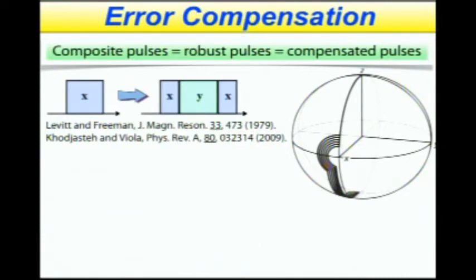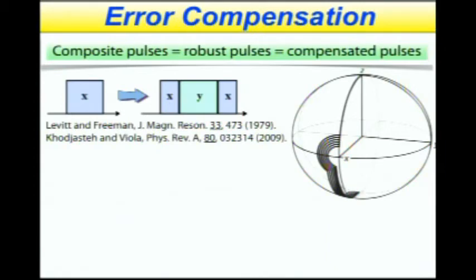The idea of the first application of that principle was that you wanted to have a robust inversion pulse. This is a radio frequency pulse. You switch it on for a certain duration, and it should invert the spins, so bring them from the Z axis to the minus Z axis. But because of amplitude errors, maybe they don't get all the way to the minus Z axis.